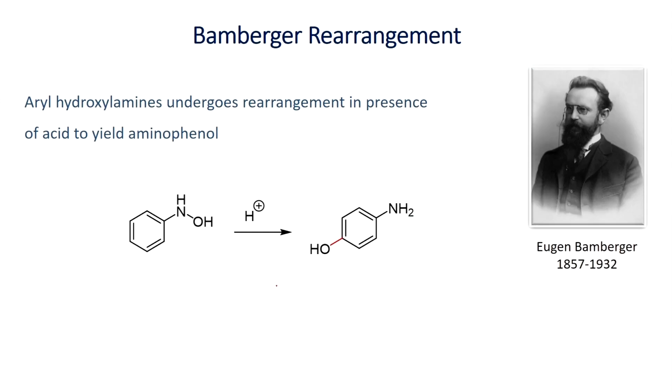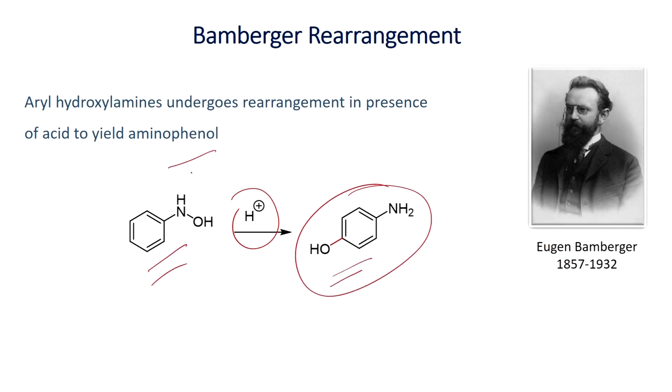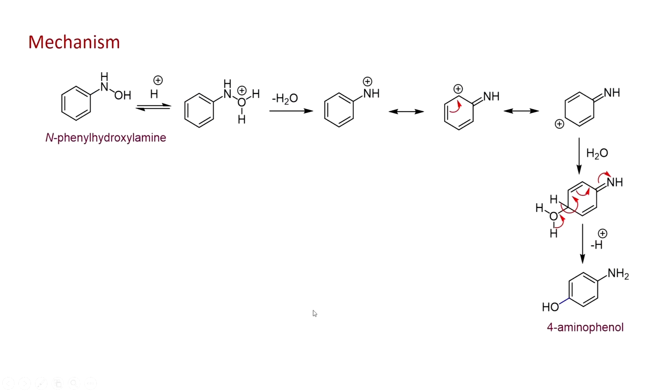The next one is the reaction of aryl hydroxylamine in the presence of acid, which can rearrange. You get 4-aminophenol as the product, as you can see here, and this is a very straightforward reaction.